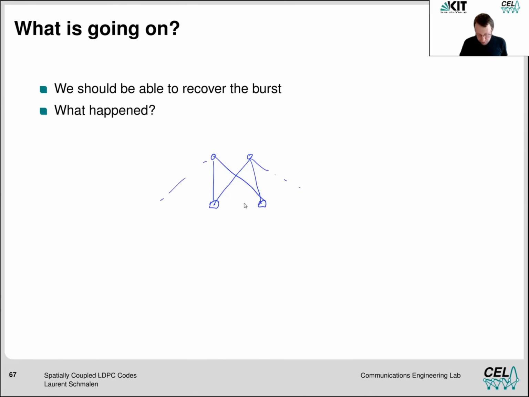We have this situation, and if these two are erased, then for these parity check equations we can never infer what the values could have been, because we have two erased inputs, and these both could be equal to 0, then we would fulfill it. Both could be equal to 1, then we would also fulfill the parity equations. So we cannot recover from this situation.